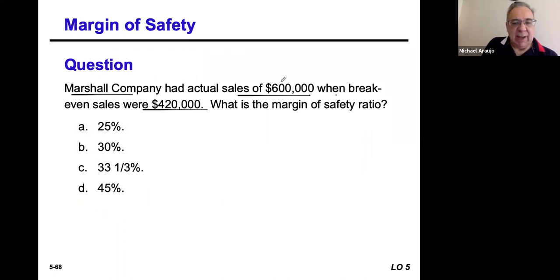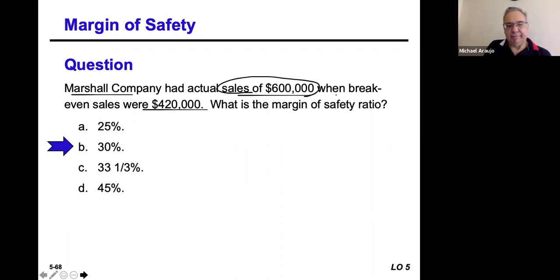But 180,000 divided by the sales of 600,000 would give you a margin of safety ratio of 30%. So the difference between your actual sales and your break-even sales, divided into your actual sales, will give you the percentage.